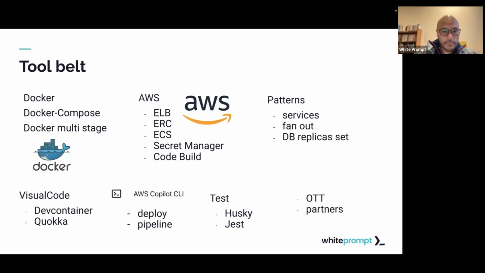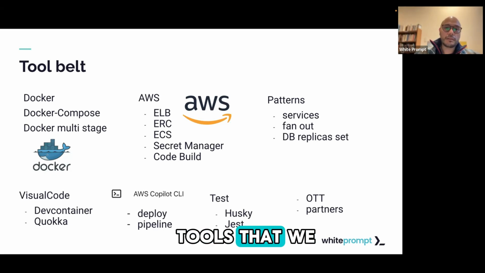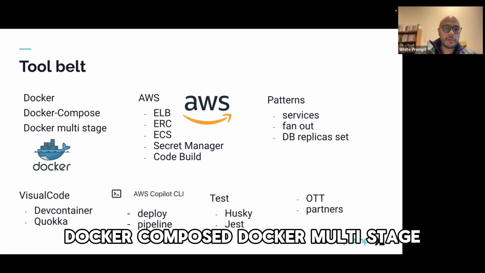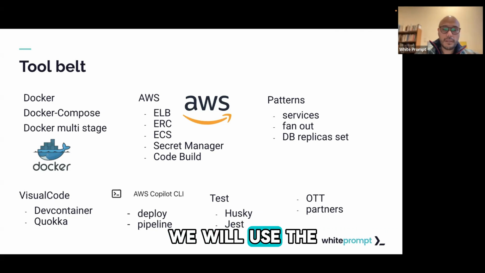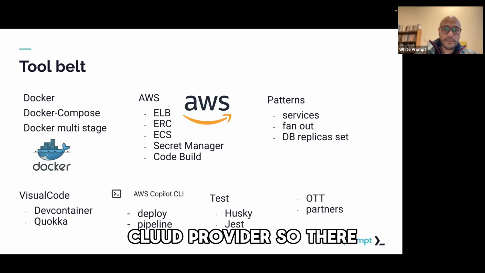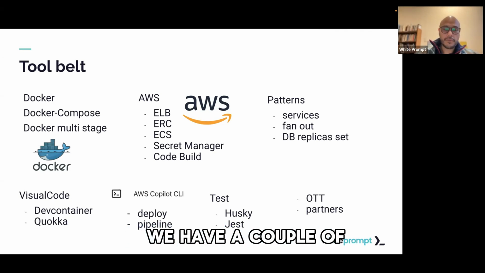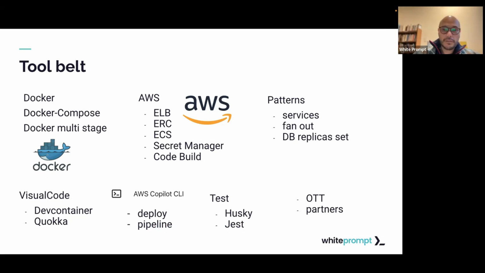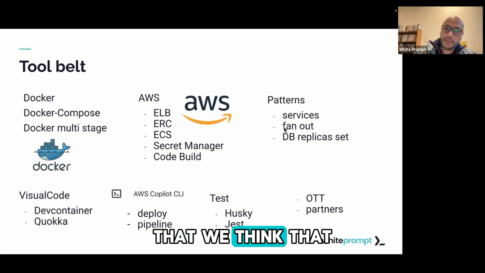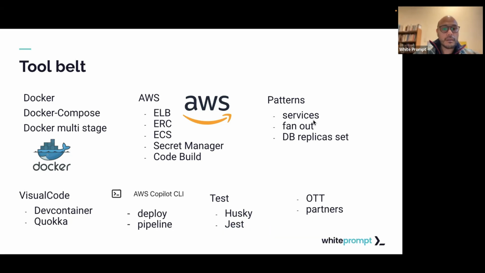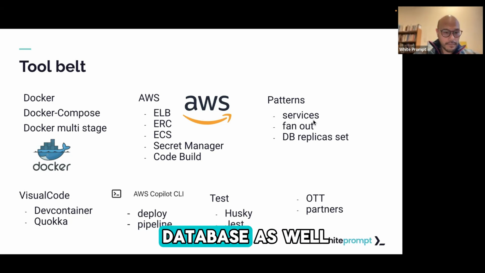So what we did is use some tools that we were already using, such as Docker Compose and Docker multi-stage. We will use the AWS cloud provider. There we have a couple of patterns in the connections to the database, which is a fan out strategy, so we added a queue before arriving to the database.